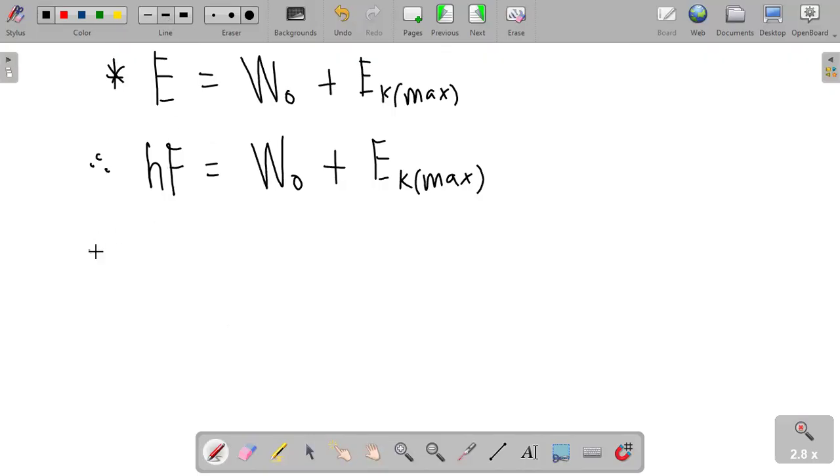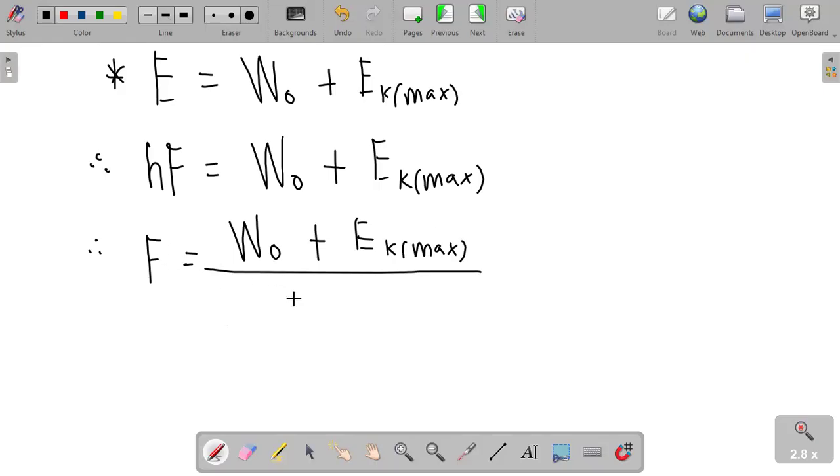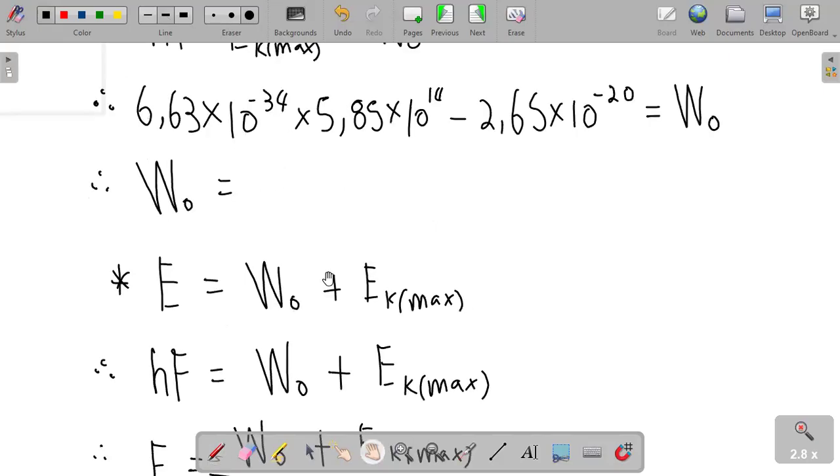Therefore, f will be equal to the work function plus EK max, and then we divide by the constant. So we go back and find that. You use a calculator here. How much do we get?